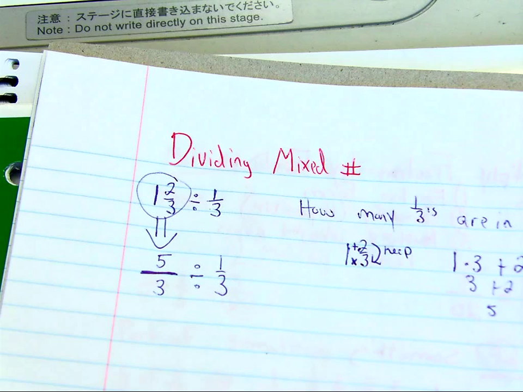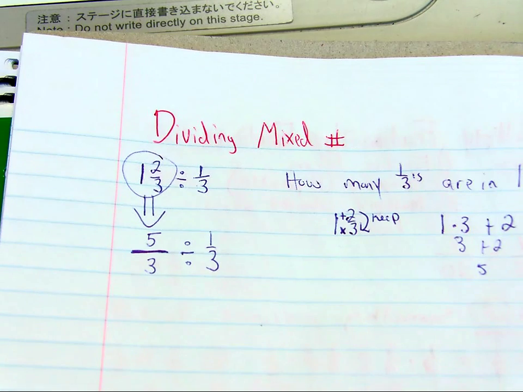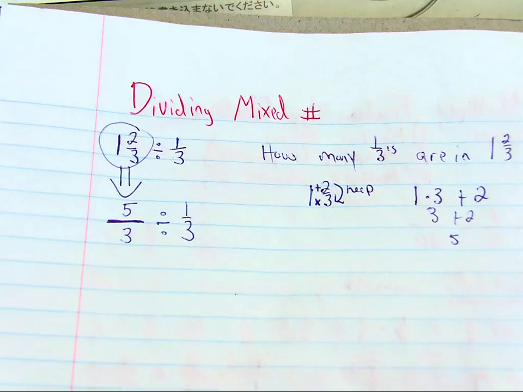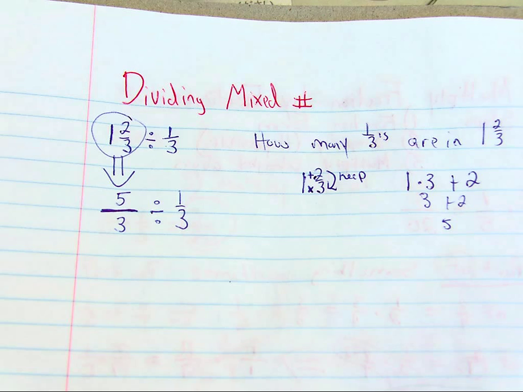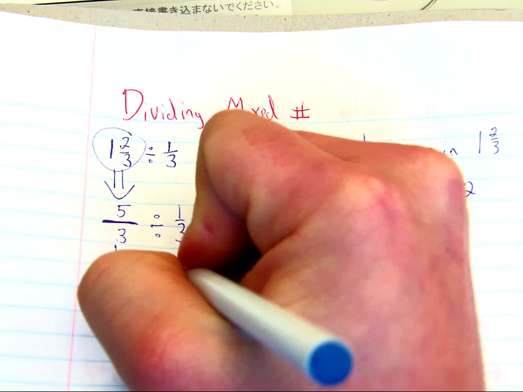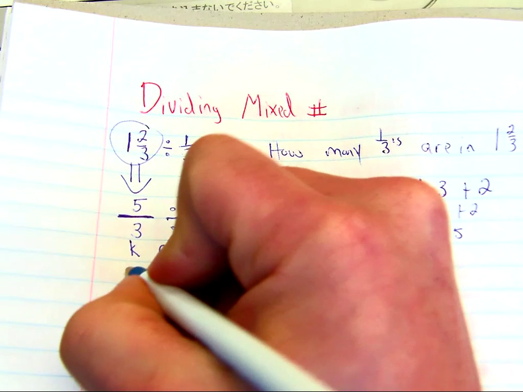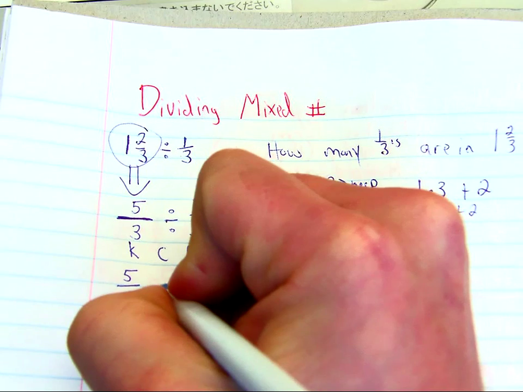divided by 1/3. Then I can implement our keep, change, flip, which is the same thing as multiplying by the reciprocal. Again, keep, change, flip is just to help us remember it, but we are actually multiplying by its reciprocal, which is what happens when you flip it over.